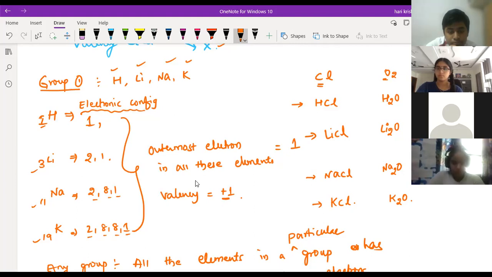Now, if you check the first group elements, what is the common thing you can see? There is only one electron in the outermost shell in all the elements.